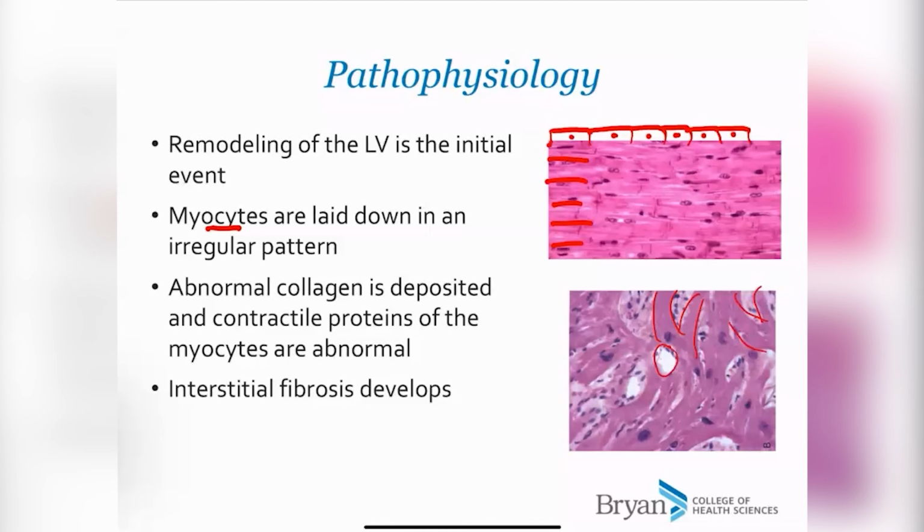Between all of our myocytes, there is tissue that holds those myocytes together to create the ventricular mass, and that is the interstitial space between cells in the myocardium. That interstitial space in a hypertrophic cardiomyopathy is different because there is abnormal collagen and other proteins laid down there.